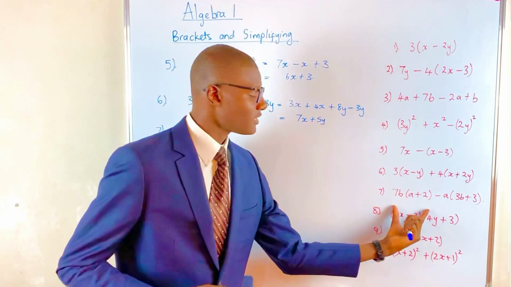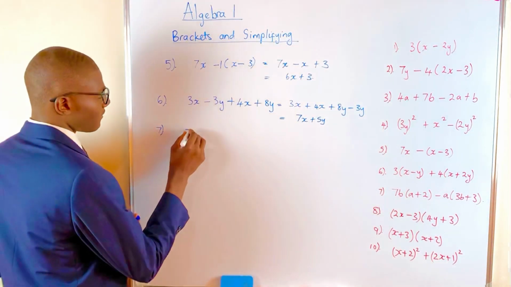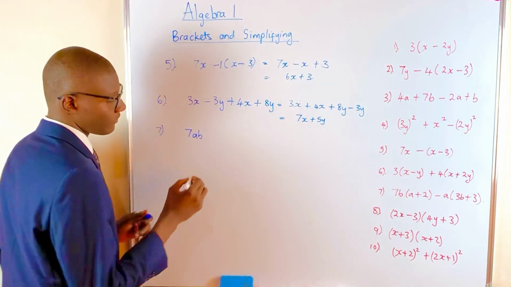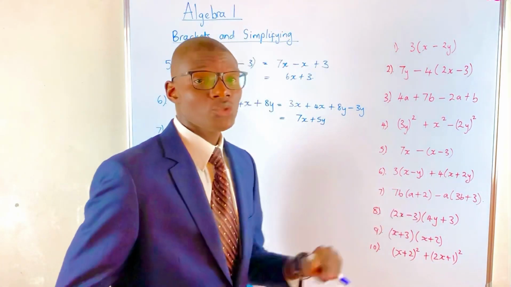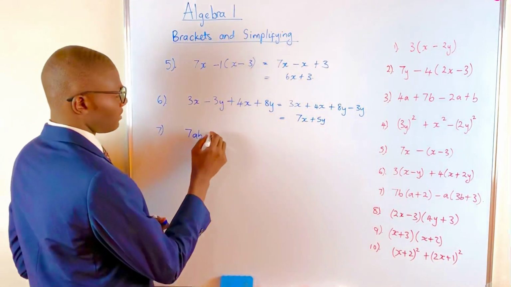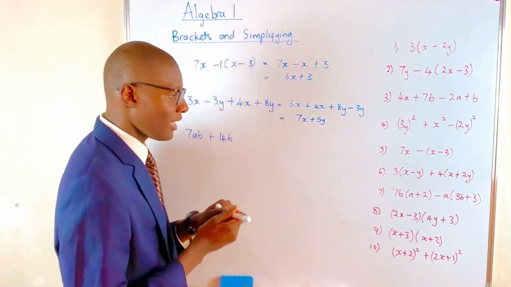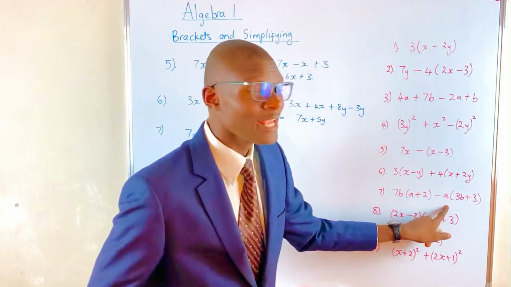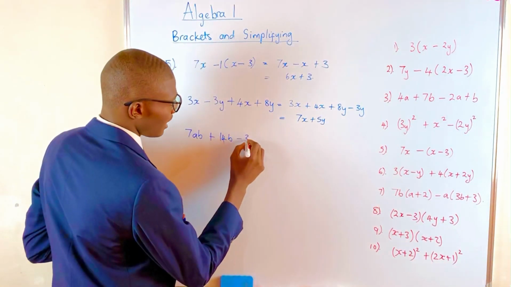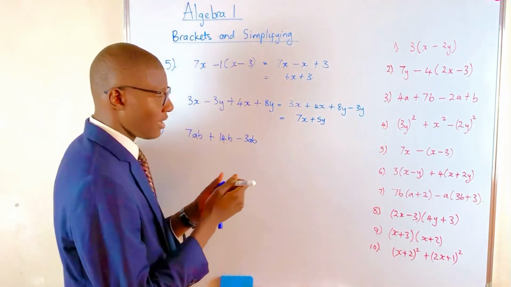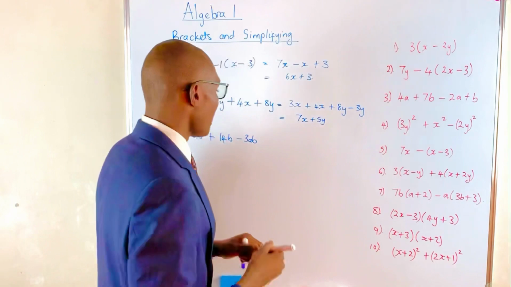Starting with the first ones, 7b times a, we get 7ab. And then 7b times 2, we get plus 14b. And then now minus a times 3b, we get minus 3ab. And then minus a times 3, we get minus 3a.